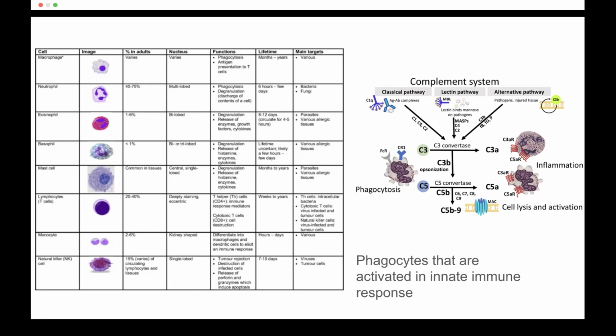So for macrophages, it's relatively long, but for neutrophils, it's really short. And also for example, mast cells reside in tissues, but basophils mainly reside in circulation, your bloodstream.